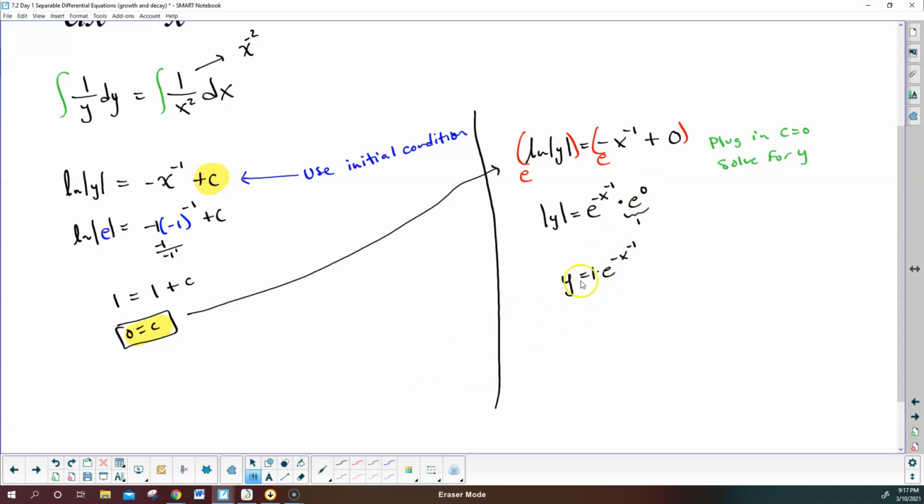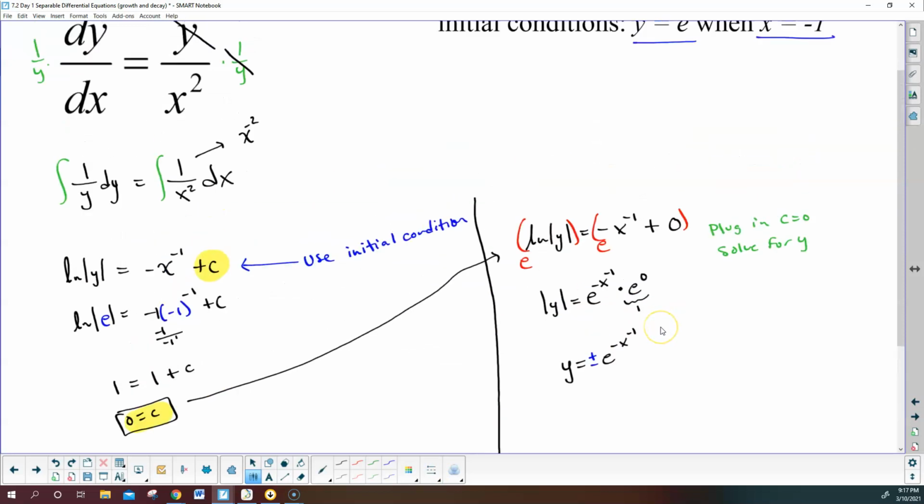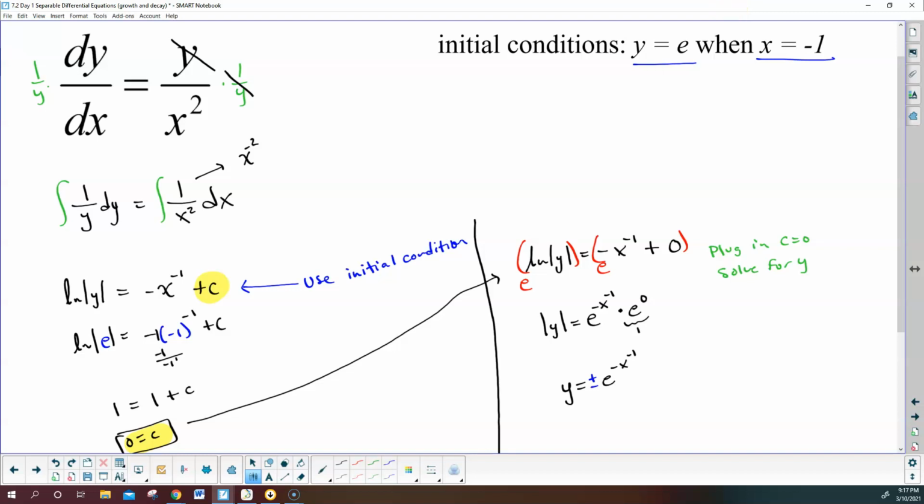But a lot of students kind of ask, well, wait a minute, Strub, what happened to the absolute value bars? How do I know which value to pick? That just means that these values are going to be plus or minus. Now, there is a right one to pick. It's based off of the initial condition.